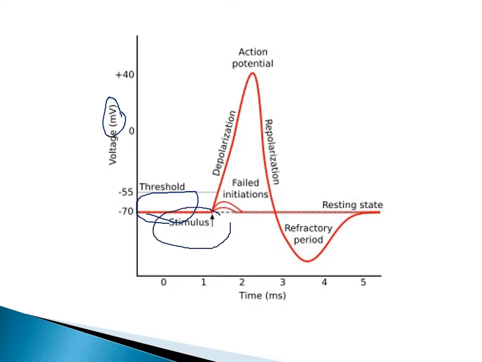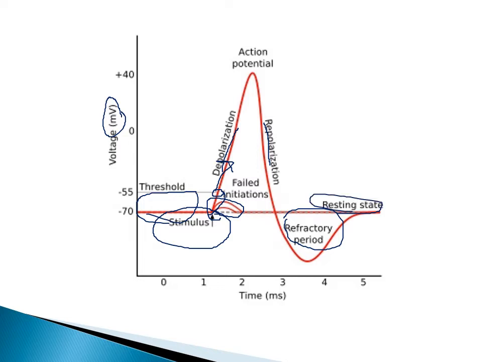Then a stimulus takes place. Some stimuli are not big enough. When they're not big enough, then nothing happens. This is that all or none. If the stimulus is large enough to get to threshold, then the action potential is going to take place by having depolarization followed by repolarization. There'll be a refractory period, and then we'll return back to the resting state.